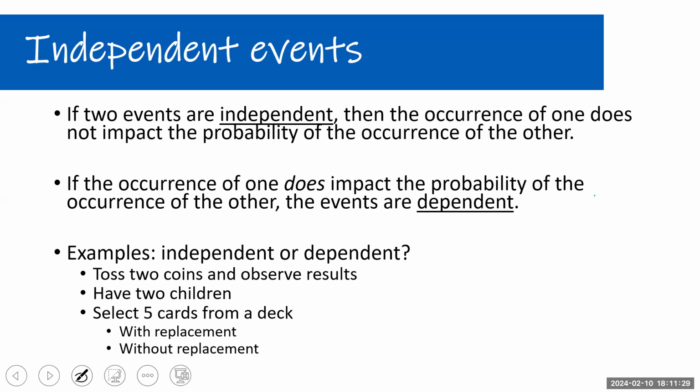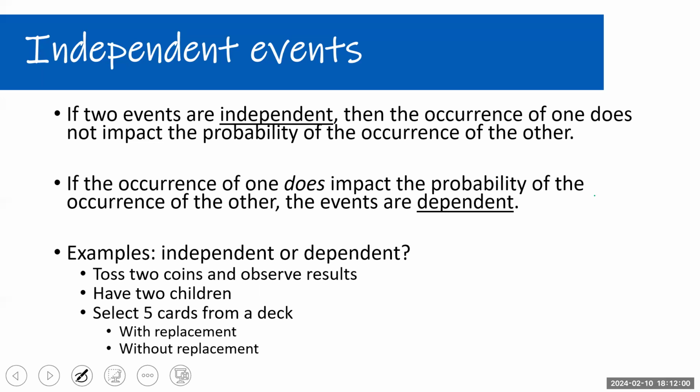Because it doesn't matter if the first one I got was red, I put it back, I reshuffled, and nothing changed. Okay. Now, if I do that without replacement, so I take 5 cards one at a time and I look at their colors, but I don't put them back. So my first card is red. Okay, so I had a 50-50 chance of that. I had 26 out of 52 was my probability of red, but I don't put it back. Now I have a situation where I have dependent events. Okay, because that first card was red and I'm not putting it back.